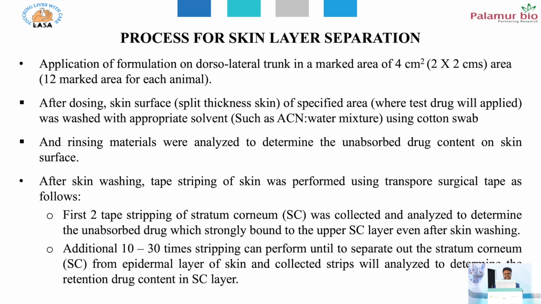Those tape strippings are important because they will go for the drug or active moiety analysis. An additional 20 to 30 tape strippings will be done in order to extract whatever stratum corneum is present, and the collector strip will be analyzed later.